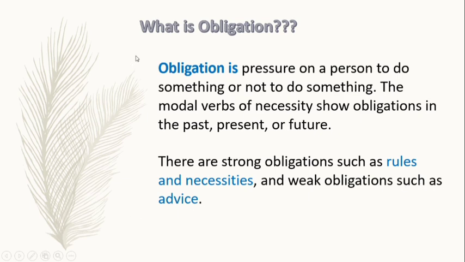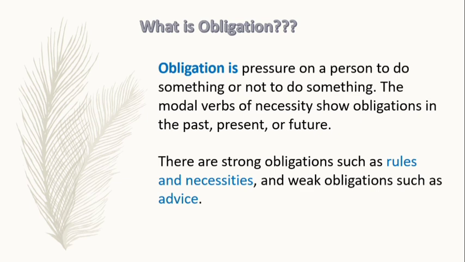So, students, there are 2 kinds of obligation in English, that is, strong obligation and weak obligation, and each obligation must use the appropriate modal verb to show that the obligation is strong or weak.